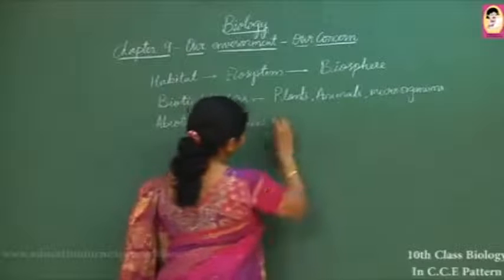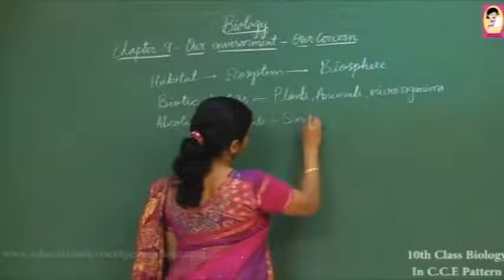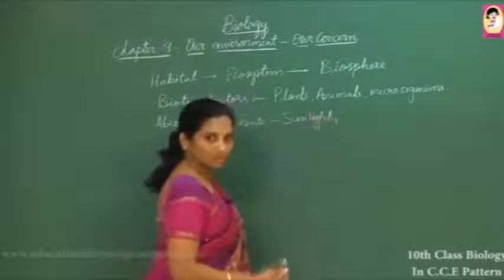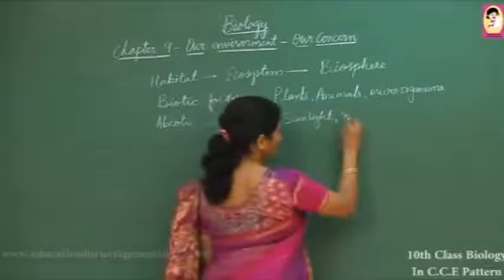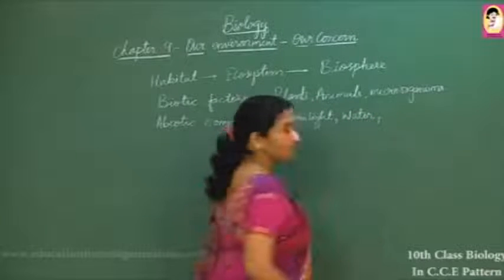Components which are there, we can take the example of sunlight or light, which is a non-living factor and it is essential for living organisms to survive. Water is not living, but without water no living organism can survive.